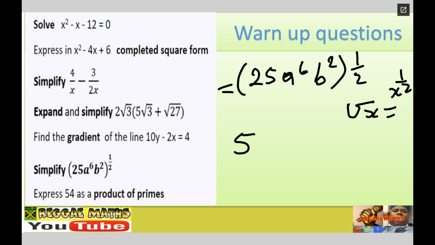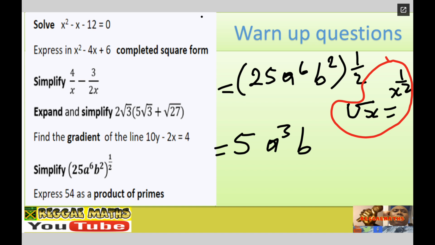Half the powers, so that's a to the power 3, b to the power of 1, which is the same as b. So the key thing here is to remember that the square root is the same as raising to the power half.